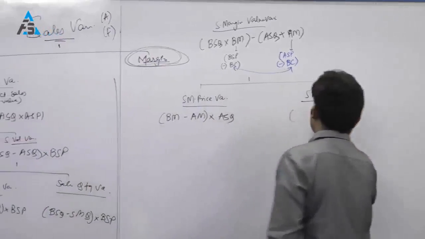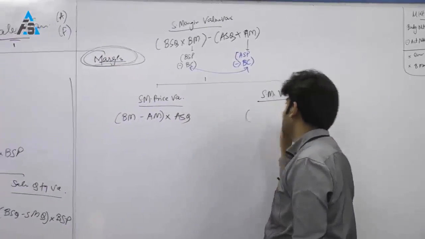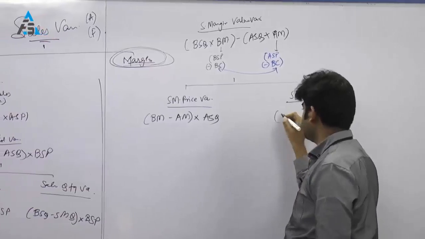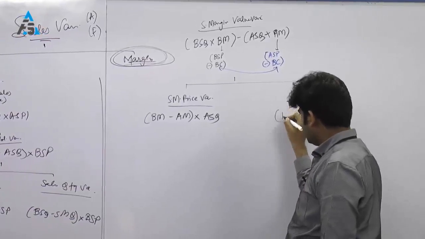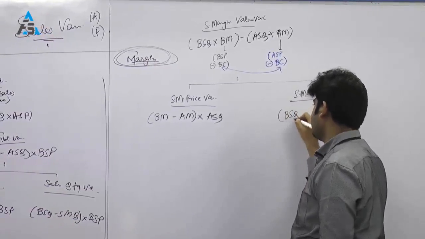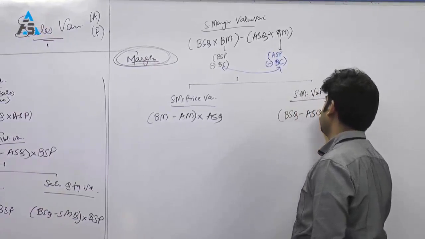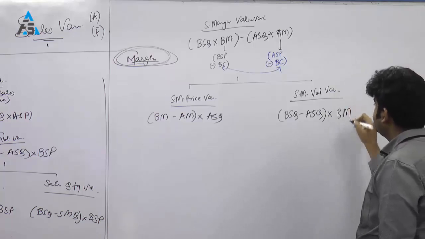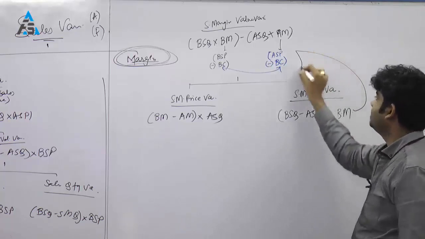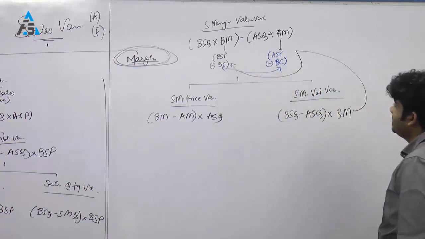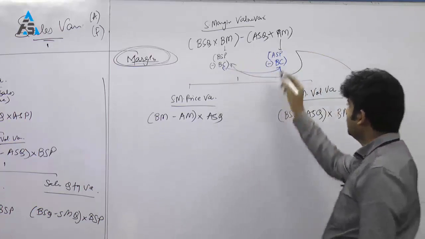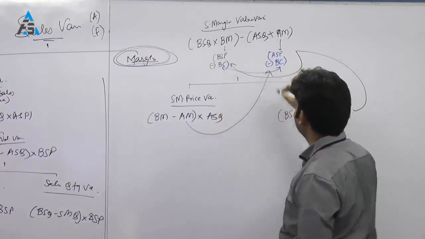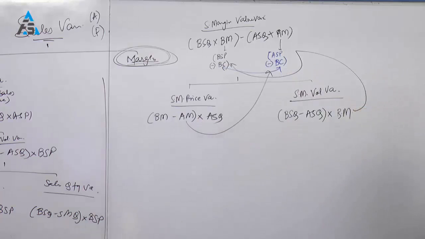Whereas what is standard sales margin volume variance? It is budgeted selling quantity minus actual selling quantity into budgeted margin. What is budgeted margin? This is budgeted selling price minus budgeted cost. What is actual margin? Remember, it is actual sales price minus budgeted cost.